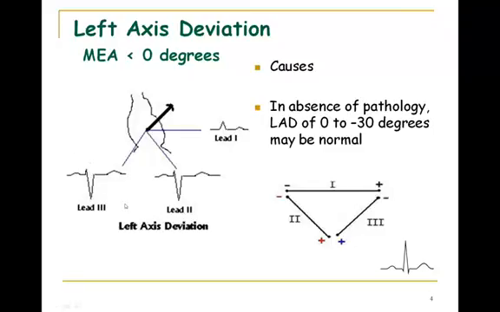So plus 0.1 minus 0.5, what are you going to get? You're going to get a negative number, minus 0.4. That's negative voltage. You normally shouldn't see that if someone has a normal mean electrical axis.